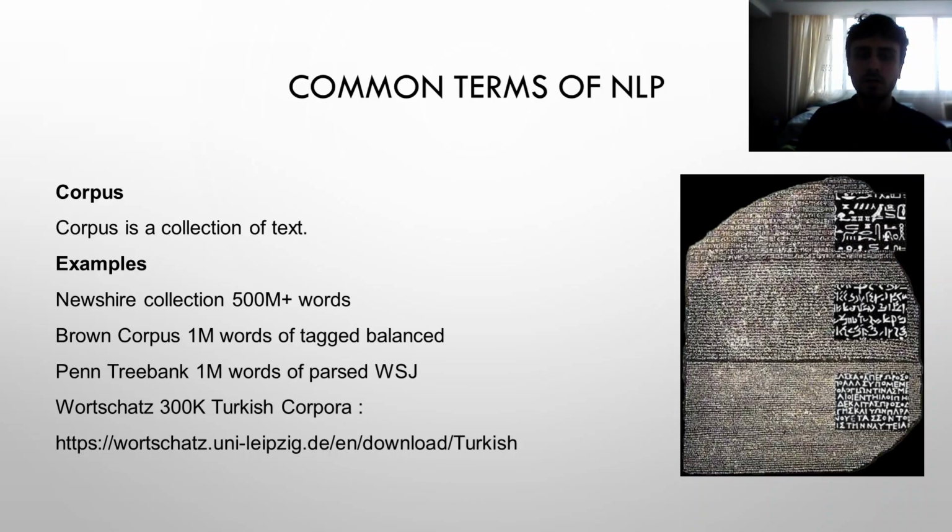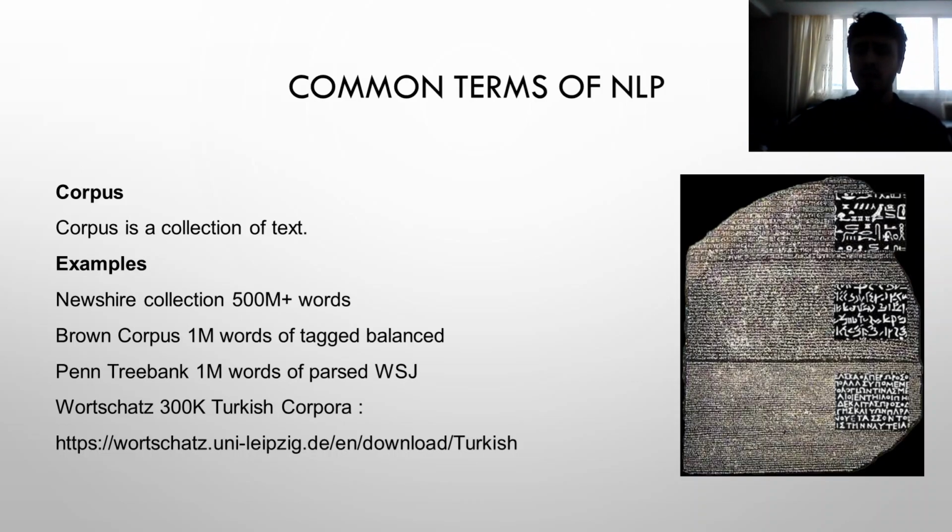The Brown corpus has 1 million words, and they are tagged and balanced. We will see what tagged means in a minute. And then the Penn Treebank, 1 million words of parsed Wall Street Journal news text. And I use in my Turkish projects the 300,000-word Turkish corpora, and there's a link.